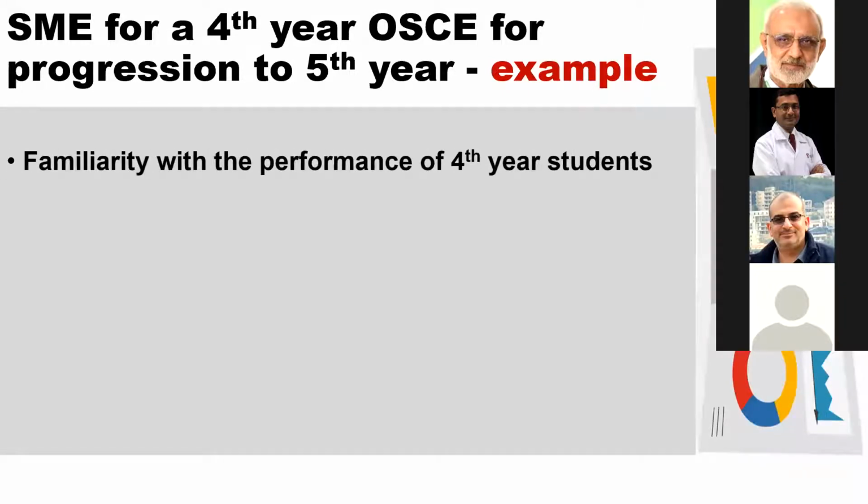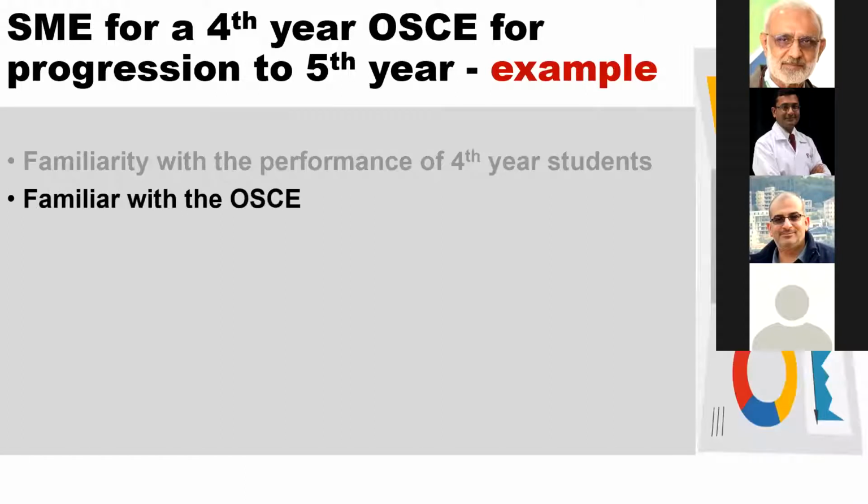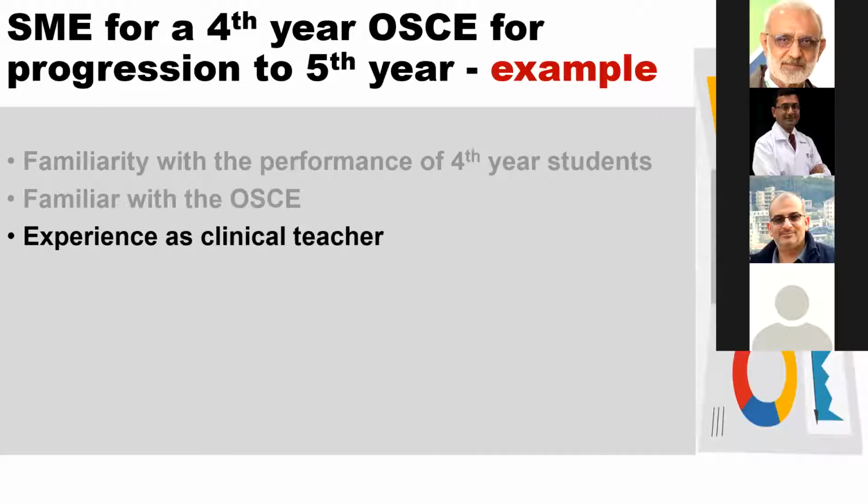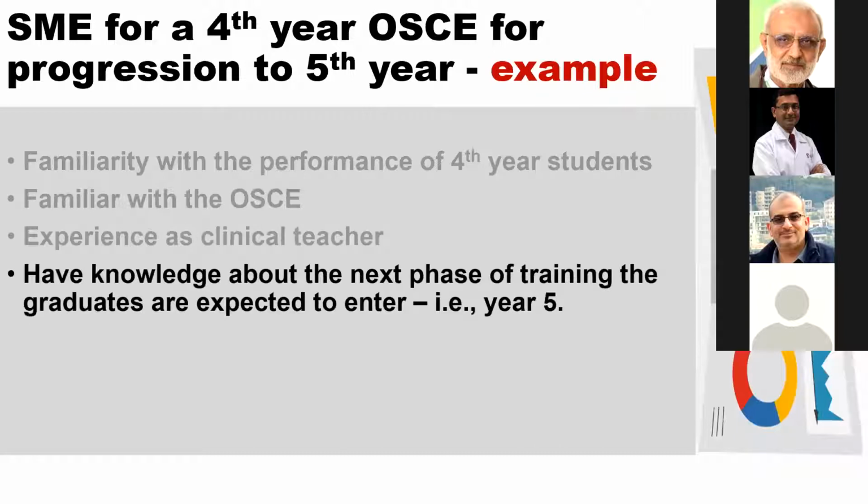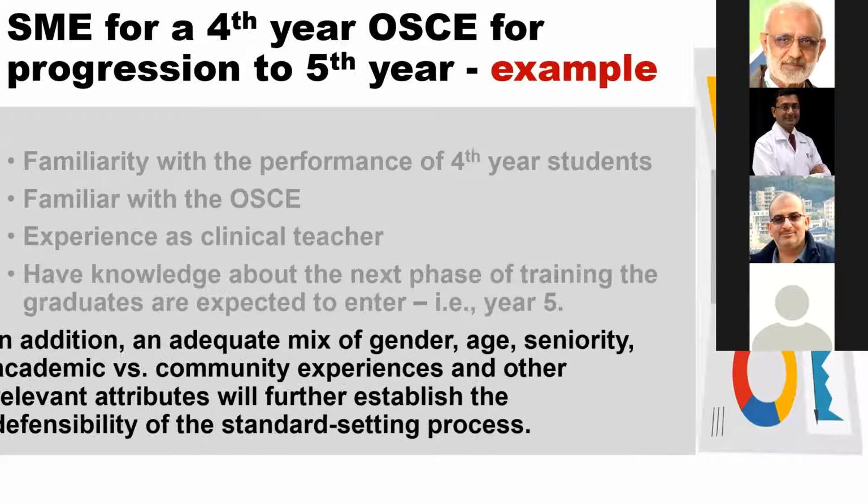The SME must be familiar with the performance of 4th year students and with the process and conduct of OSCE. He or she should have experience as a clinical teacher and knowledge about the next phase of training, that is year 5, where the student is going to join after passing this exam.